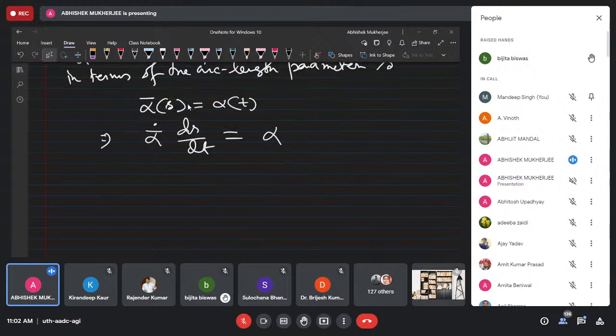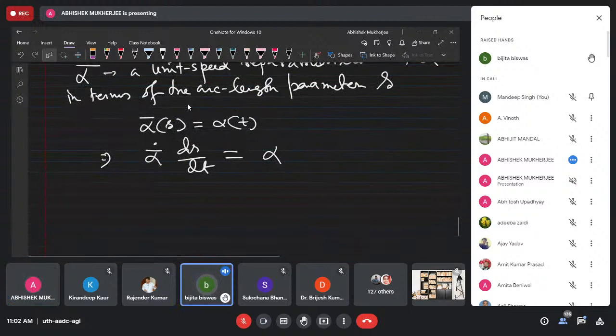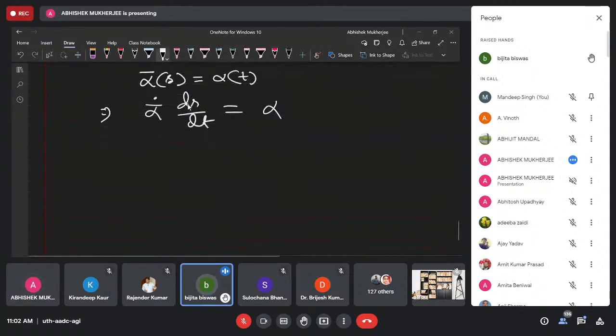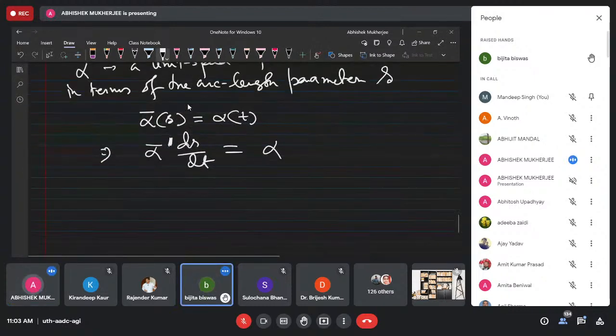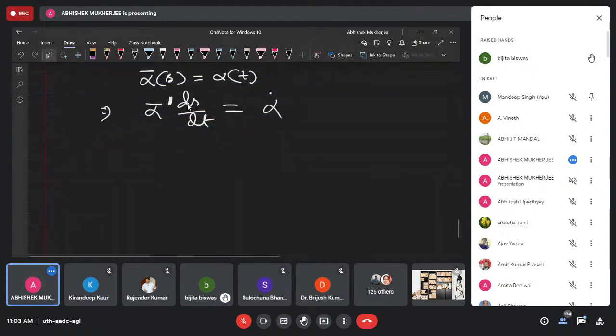Alpha bar is a unit speed parameterization of alpha. Then kappa is equal to the norm of the alpha bar second derivative. This will be dashed actually. Yes, it will be dash. Thank you.